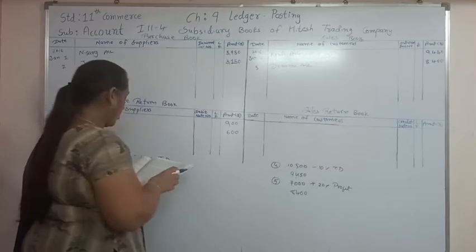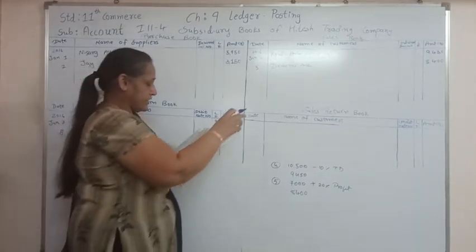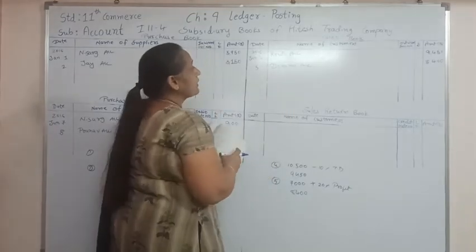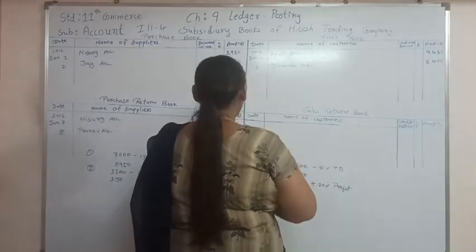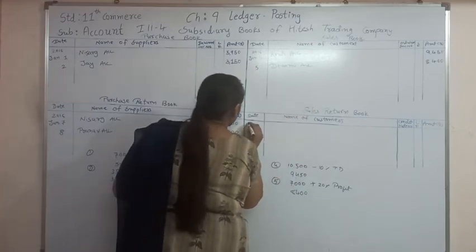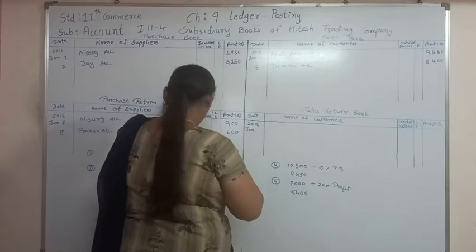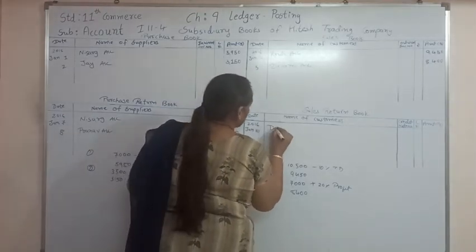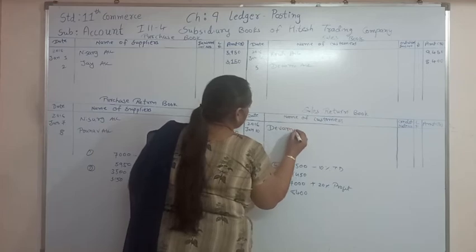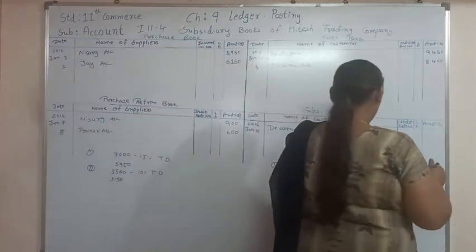Now on date number 10, goods of rupees 2,000 returned by Devami. So here Devami has returned the goods to us and that is a sales return. So we are going to write it down in the sales return book, 2016 January 10, Devami account, and the amount of goods will be 2,000.